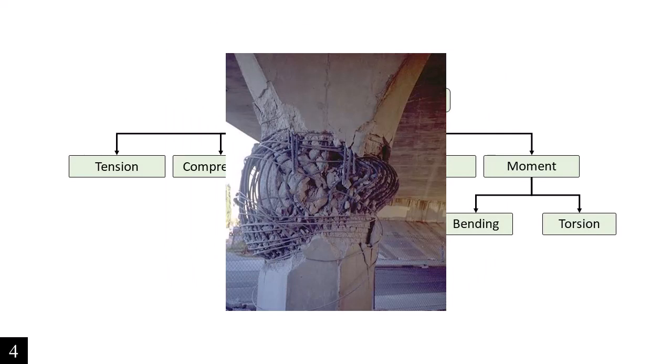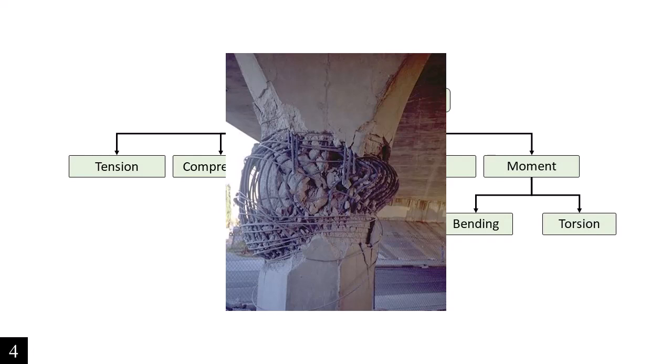Now let's take a look at the photo over here. What kind of structural failure do you think applies for this photo? After you think a little bit, you can see that the column over here is being compressed, pushed down, and there's no bending, there's no shear cut over here.